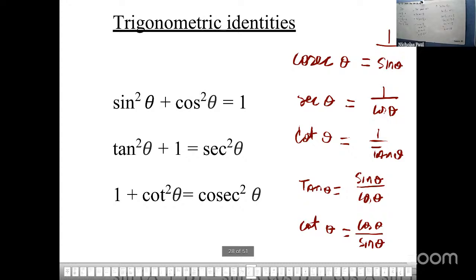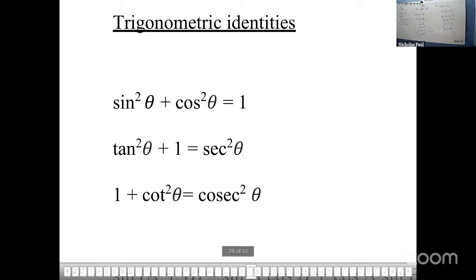Prove that. Oh, it's not showing up. All right. Try that, please.